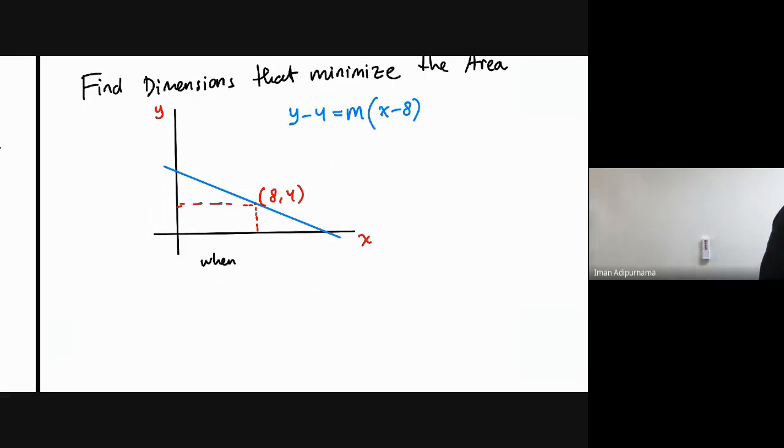So when y is 0, it will be minus 4 equals mx minus 8m.